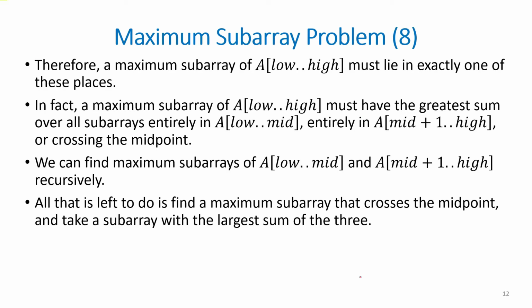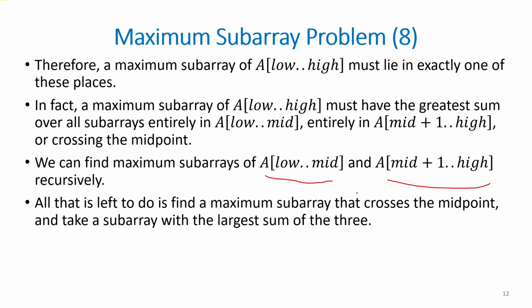Therefore, to summarize, any subarray Aij would be located in any one of those three places, and we have to find the maximum subarray in each of these three places. It is very easy to find the maximum subarray if it is in the first half or the second half.